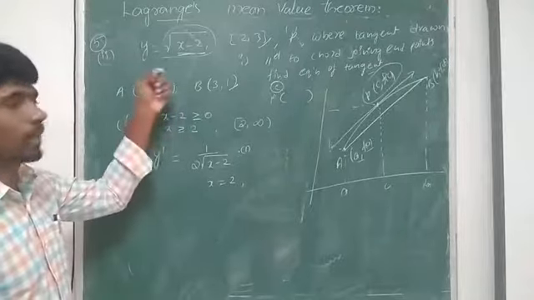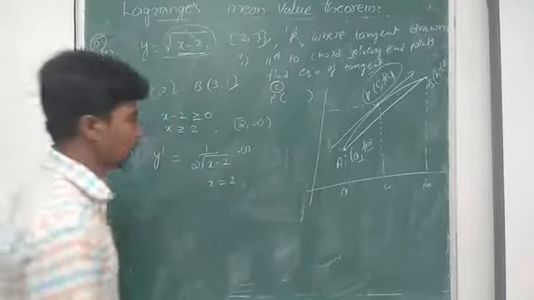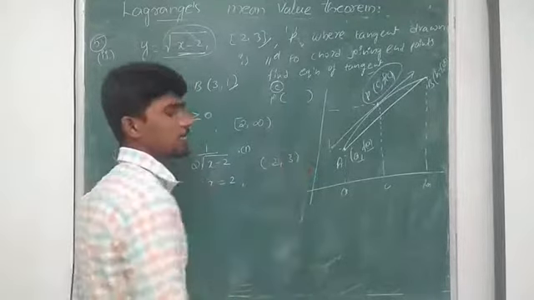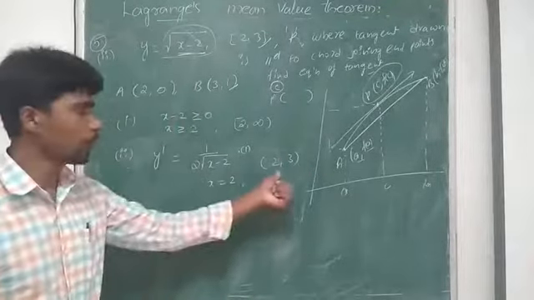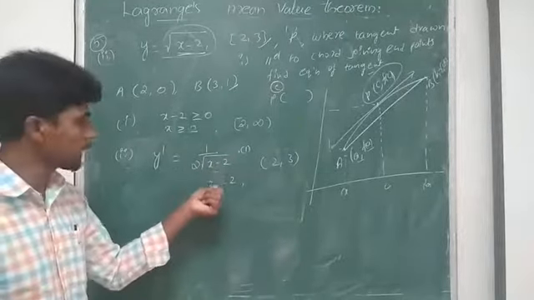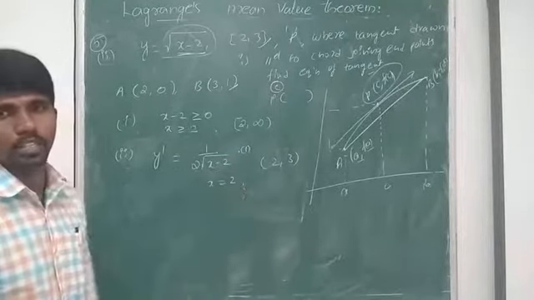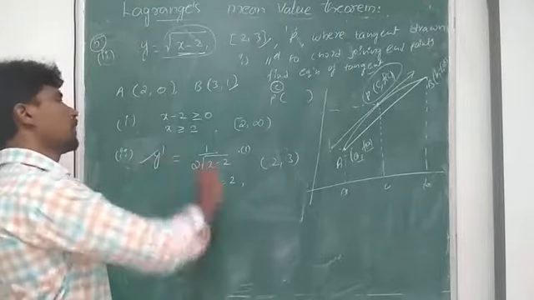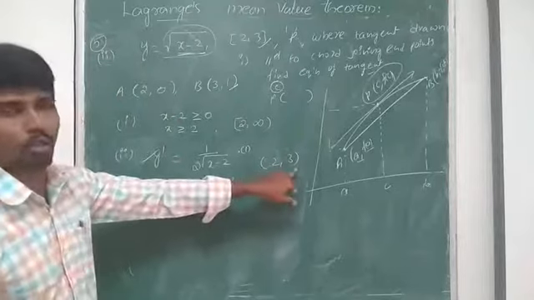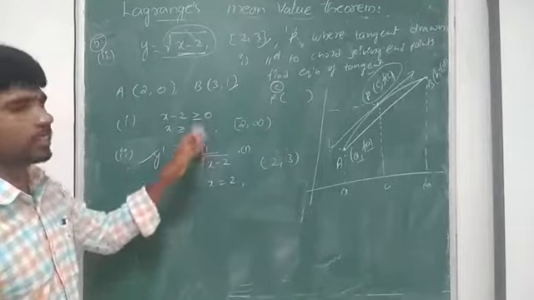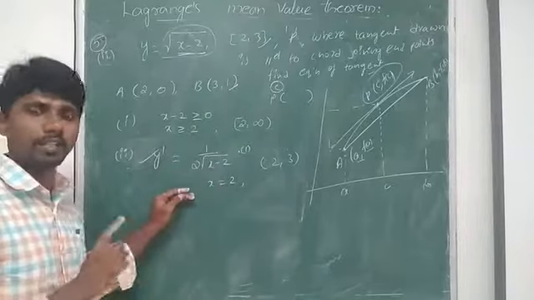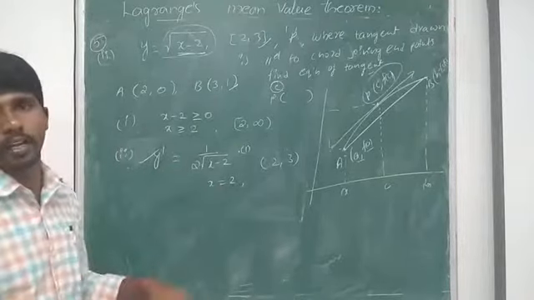But we have to check the open interval 2 comma 3. In the open interval 2 comma 3, y dash exists; it does not exist only at x equal to 2. Therefore the derivative exists in the interval 2 comma 3. So both the conditions are satisfied, and we can say that the given function satisfies Lagrange's mean value theorem.